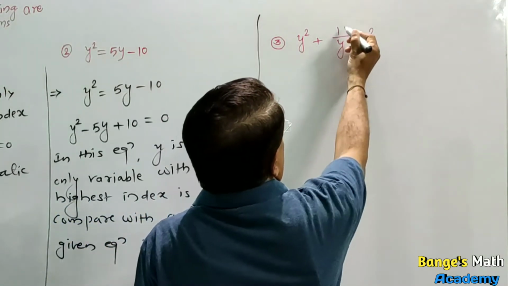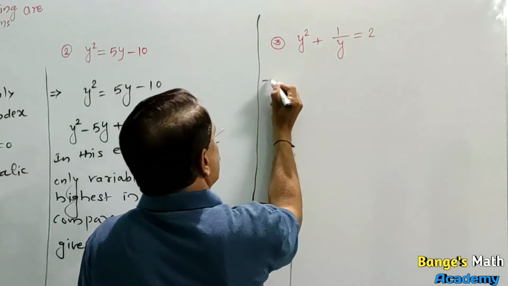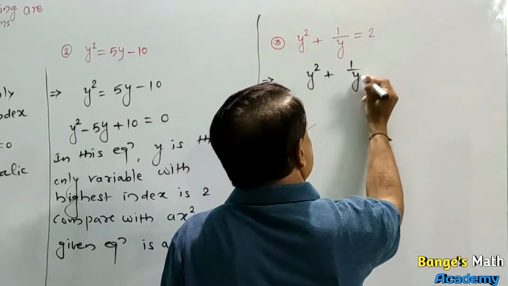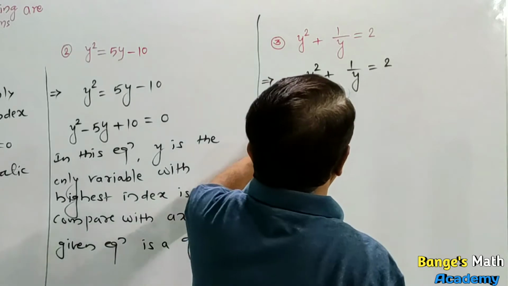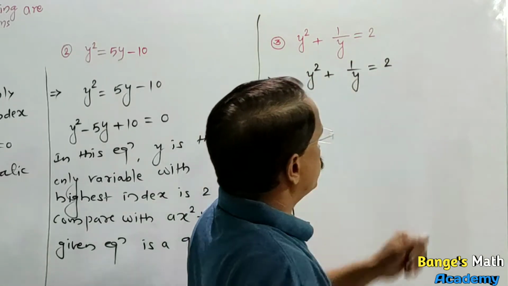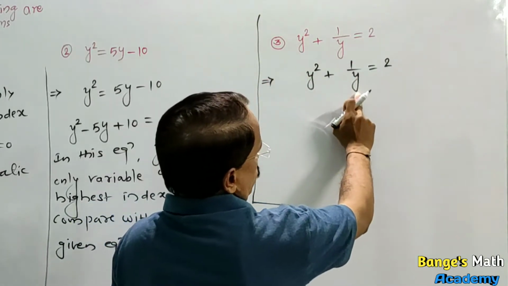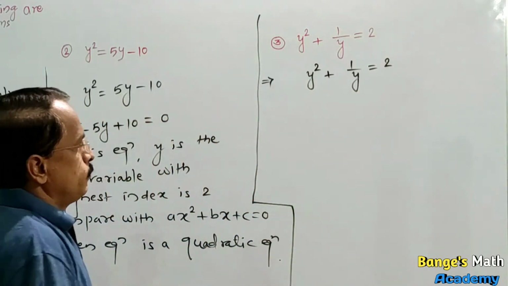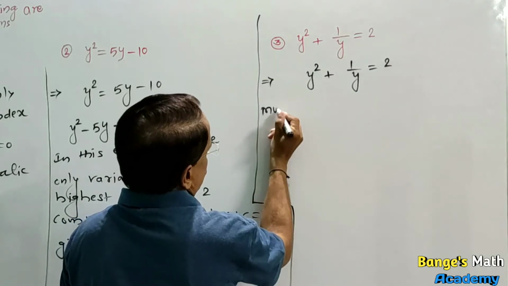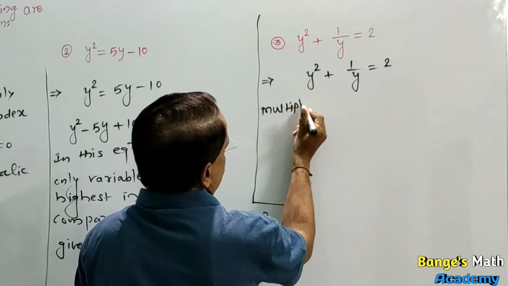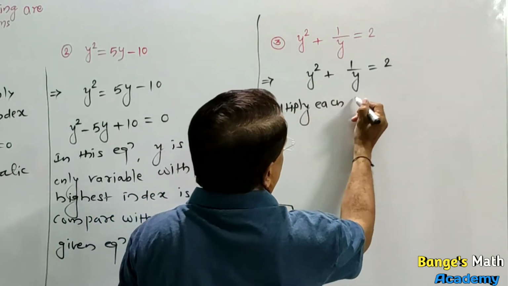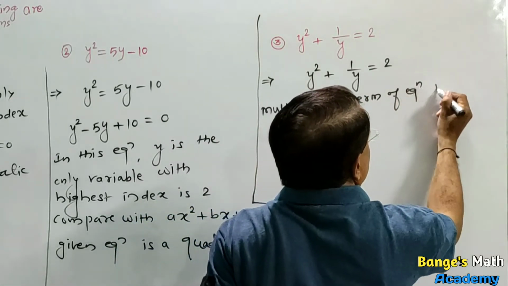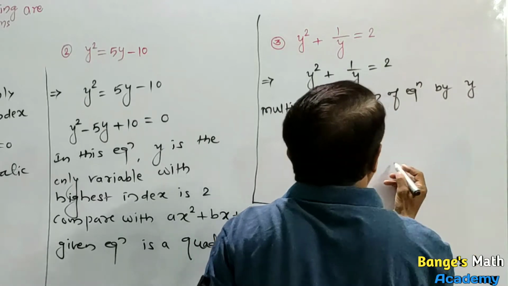Then see the third example, y square plus 1 upon y is equal to 2. Write down the given example as it is. To eliminate this y in the denominator, multiply each term of the equation by y.